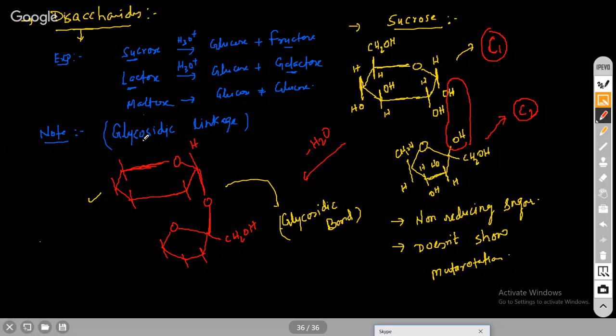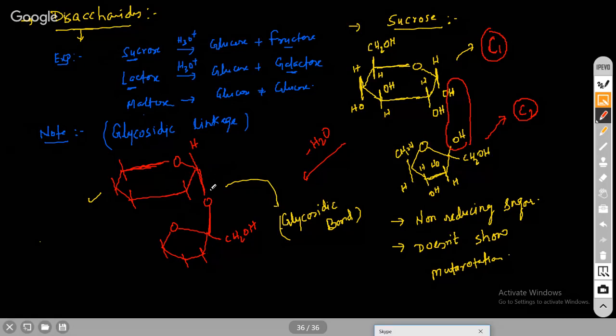If you see the previous test papers, the test you have written, if you go back to the third or fourth Sunday, there you have one question, and in that question they have given this structure, and they were asking whether this sugar is reducing or non-reducing.